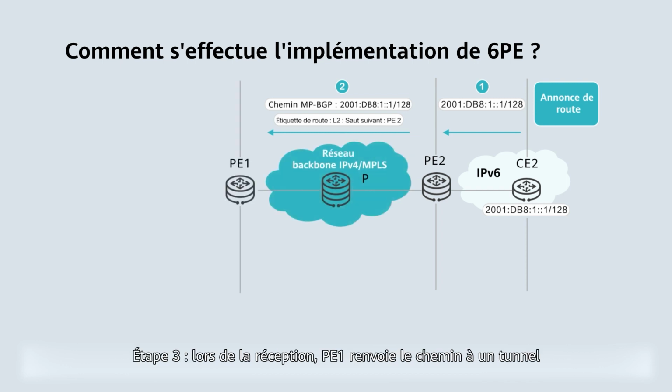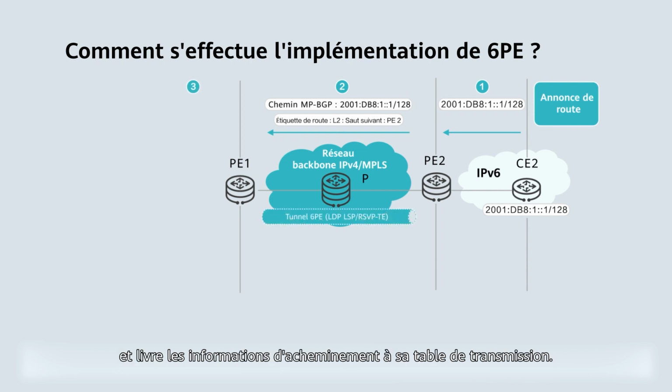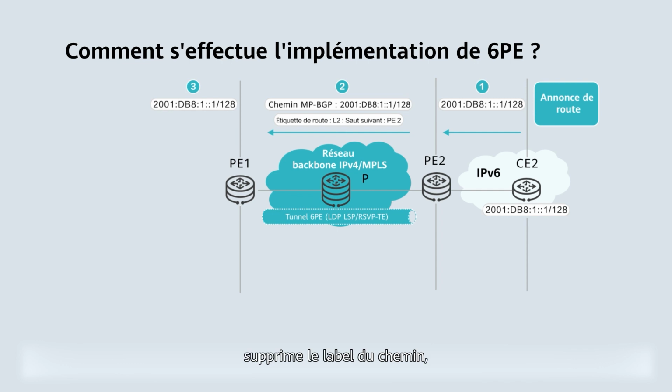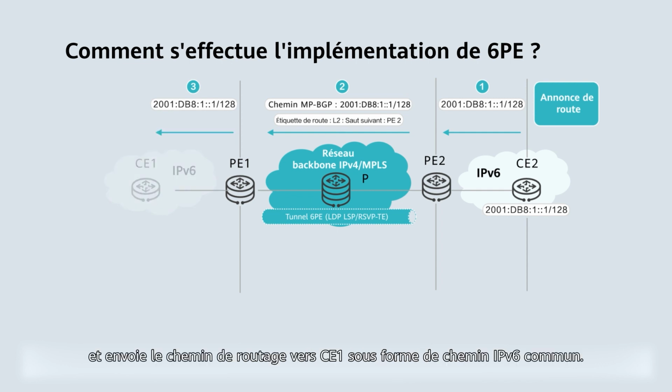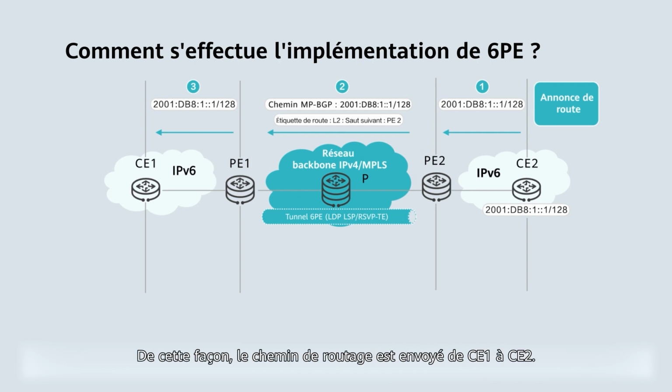Step 3. Upon receipt, PE1 recurses a route to a tunnel and delivers route information to its forwarding table. PE1 then changes the next hop of the route to itself, removes the route label, and sends the route to CE1 as a common IPv6 route. This way, the route is sent from CE2 to CE1.